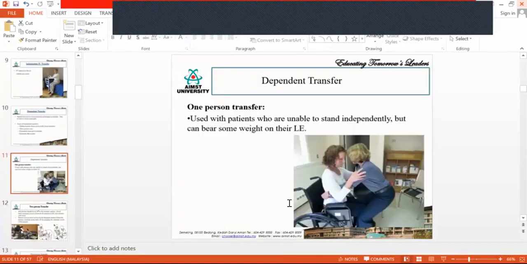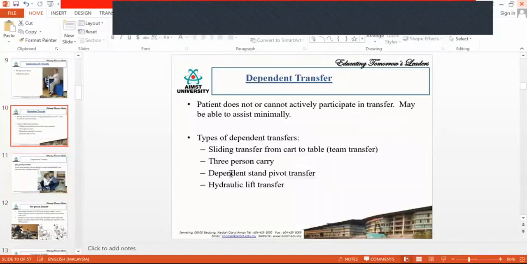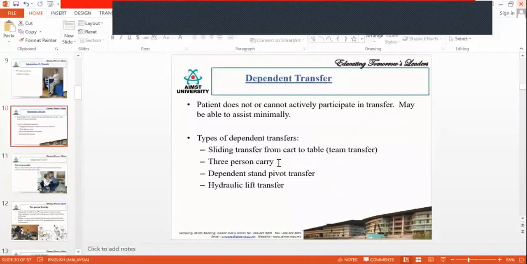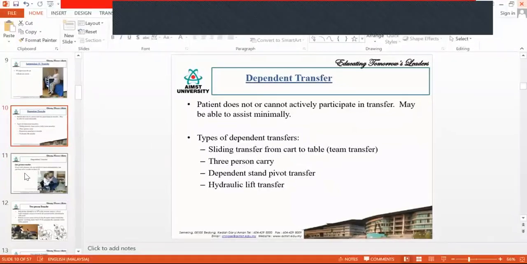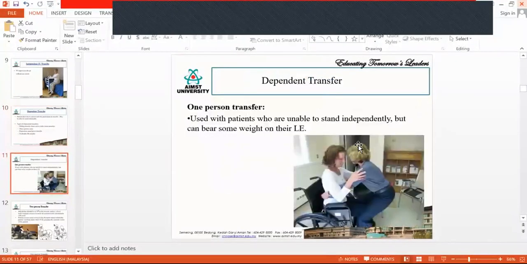First thing is, one person transfer, two person transfer, and three person transfer will come under person transfer. First is one person transfer, where one person will be able to lift the patient and transfer from one place to another.